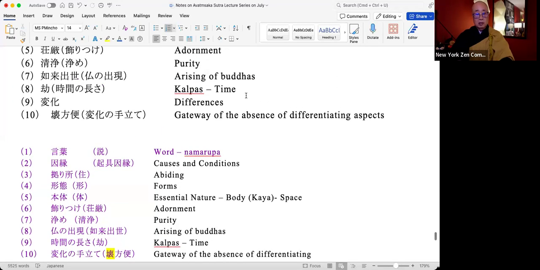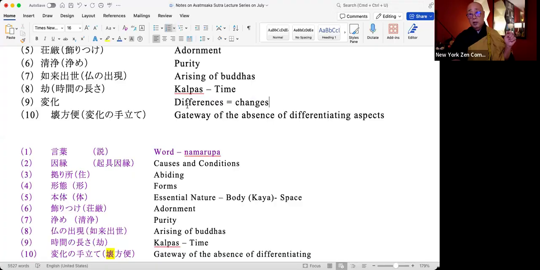So, in other words, if we translate this portion, instead of differences, this is changes. Let's do it as changes.